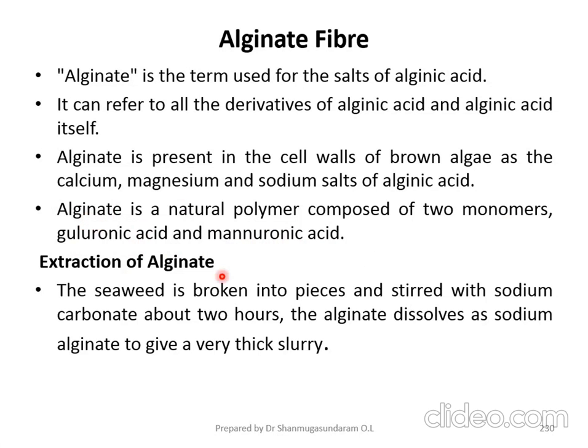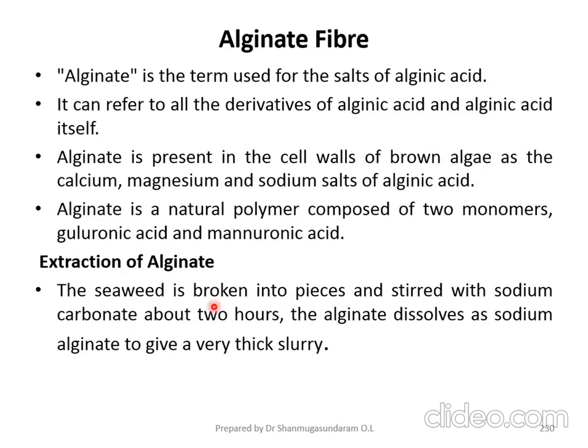Then how to extract the alginate from the brown algae? I told you the alginate is present in brown algae. Then how to extract the alginate from brown algae? There is an extraction process. Please look at the slide.